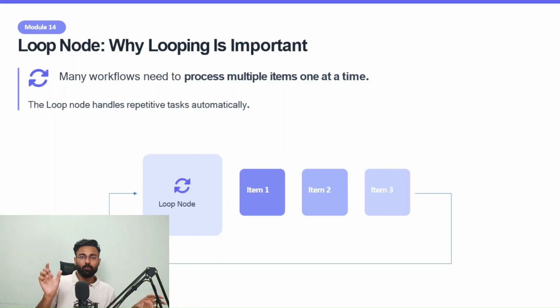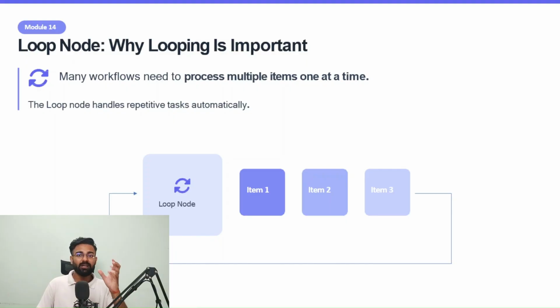Then it goes to another flow, which generates a personalized cold email, and then it comes back and fetches the next person. If all of these 15, 20, 100 items or 100 people's data were passed in a single instance, the entire workflow will start hallucinating or might not perform that well. So in those cases, the loop node is very crucial.